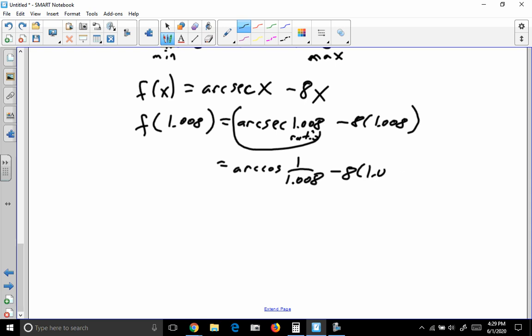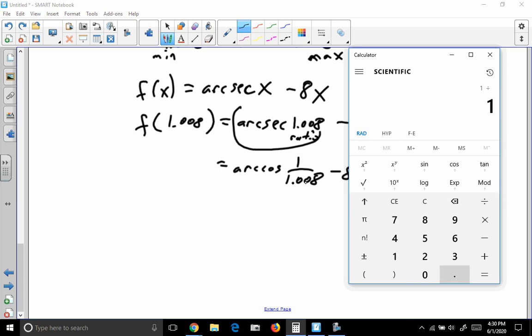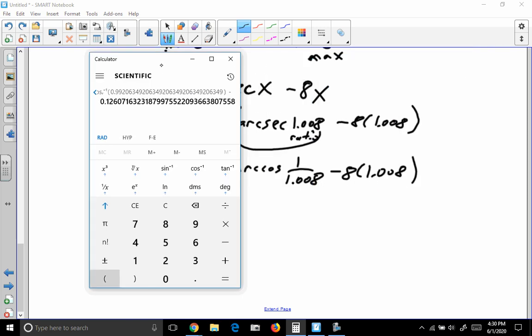So take our calculator, do 1 divided by 1.008. That's what that ratio is. We're doing inverse cosine, and we want to be in radians. So inverse cosine, that's that result. And we're subtracting the result of 8 times 1.008. This is 8 times that.